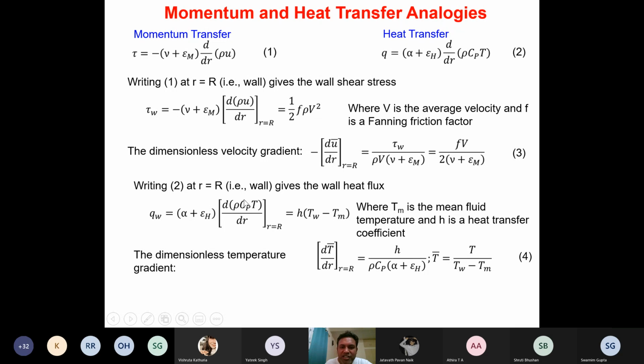So this Tw minus Tm is used to define T bar. Okay, so d T bar by dr at r equals R is given as h divided by rho Cp (alpha plus epsilon h). So this is equation number 4.